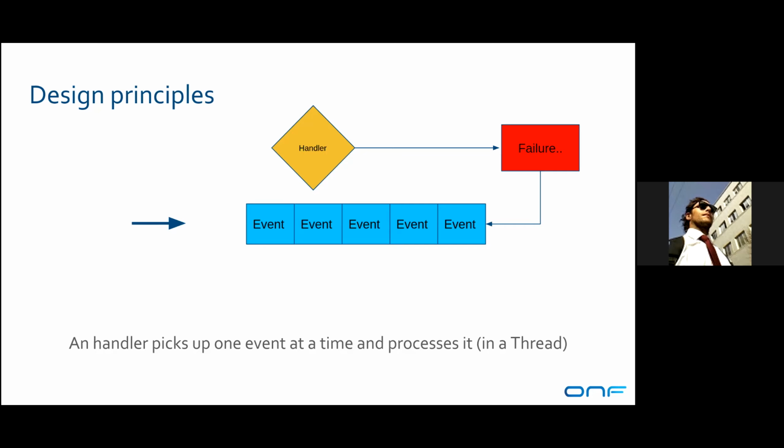So what we call a failure is actually not an error in the delete, for example, or in installing the flows. In that case, we don't retry if there is some error in generating the flow. We retry when there is something that is holding up the state in the system.